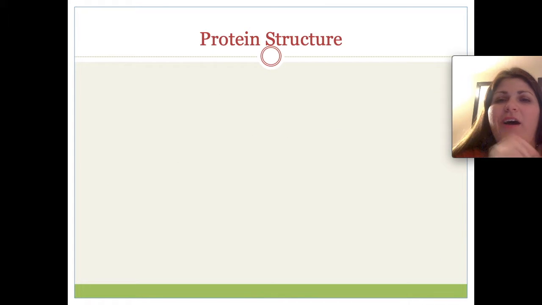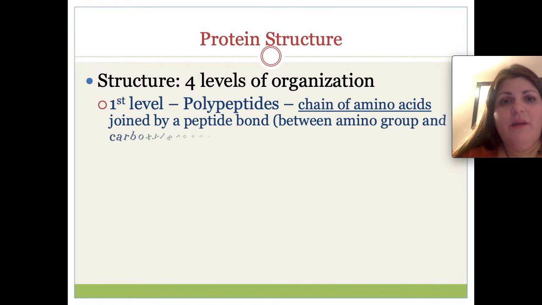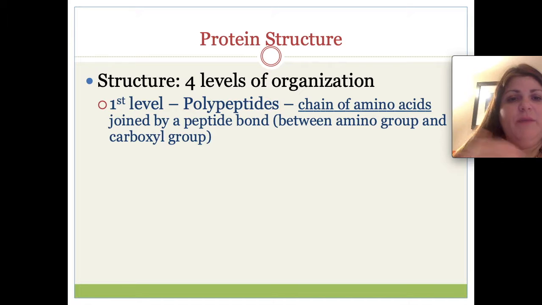So, unlike carbohydrates, where all we need to know is the monomers are joined together by dehydration synthesis, protein structure is a little bit more complicated than that. Proteins have 4 levels of organization. The most basic level is just like carbohydrates, where it's monomers attached to each other. So we call that first level a polypeptide, or in other words, the chain of amino acids.